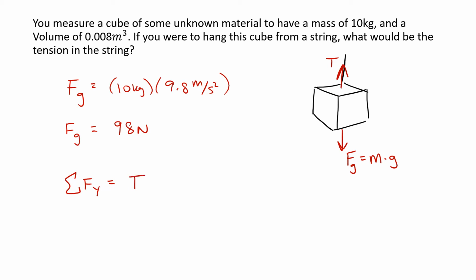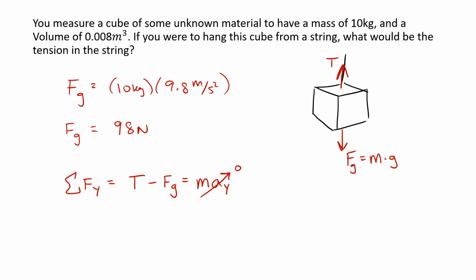We do all the positive ones first, and then we subtract the negative ones that are pointing down. That is equal to however this mass is accelerating in the y direction. Since it's not accelerating up or down, that whole side goes to 0.